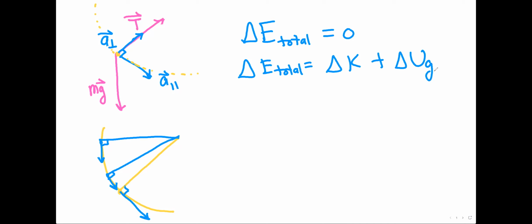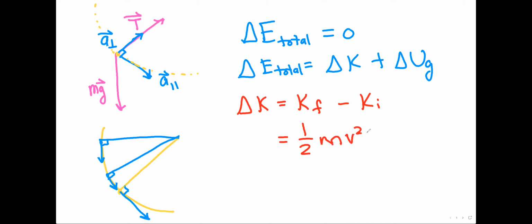All right, so the kinetic energy, let me change color again. So the kinetic energy at the end, delta K equals the kinetic energy at the final stage minus the kinetic energy at the initial stage. The kinetic energy at the final stage is basically half mv squared, where the velocity depends on the angle.